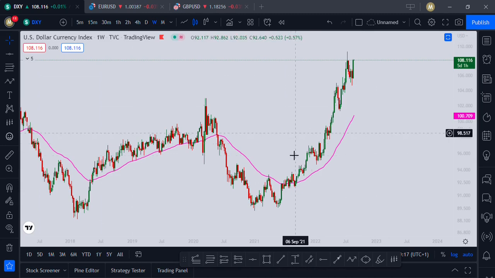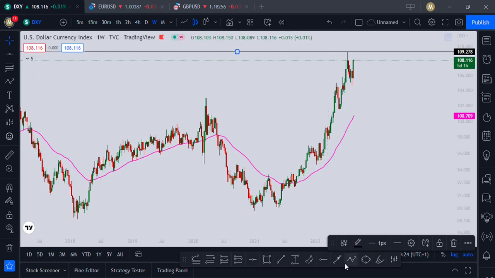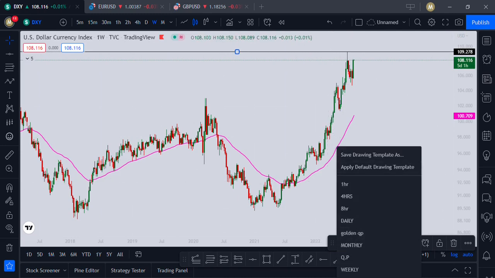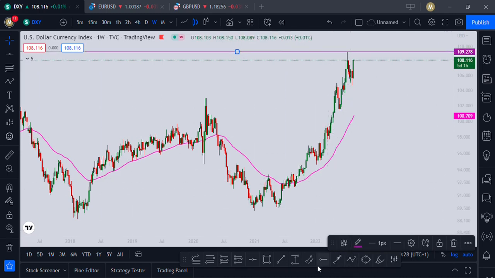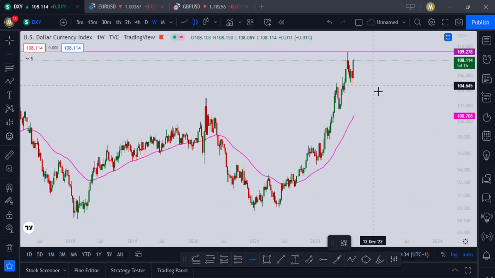So let's map out the weekly. That's the resistance on the weekly. I'm gonna map out the support.